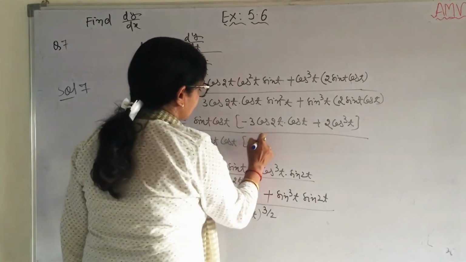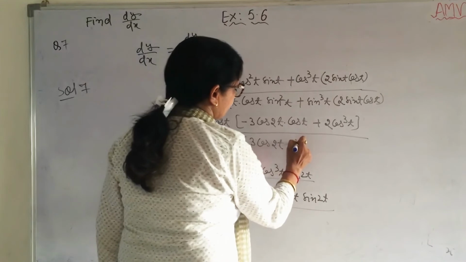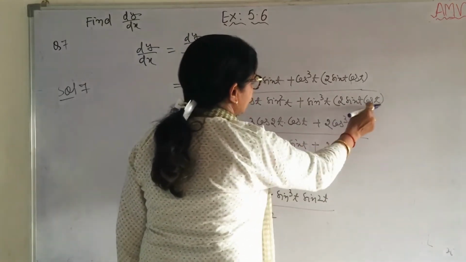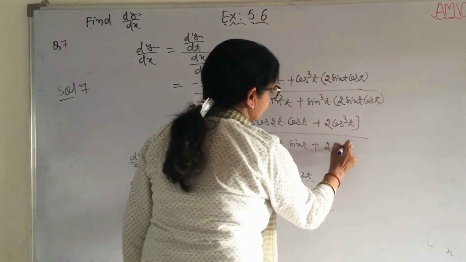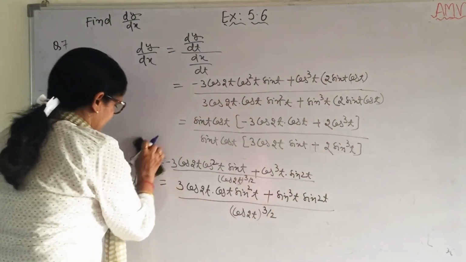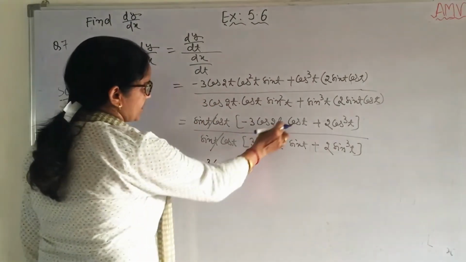It is 3 cos 2t, here sin t, and plus 2 sin cube t. Sin t cos t is common, so here it is only sin cube t. Okay, and now minus 3 is as it is, and apply the formula.